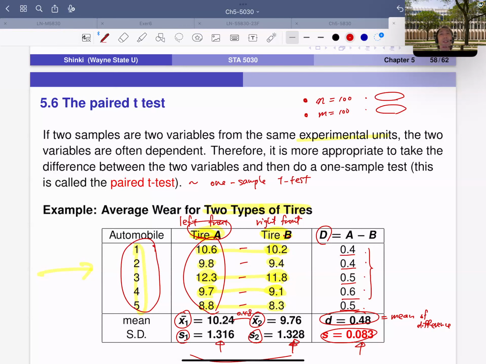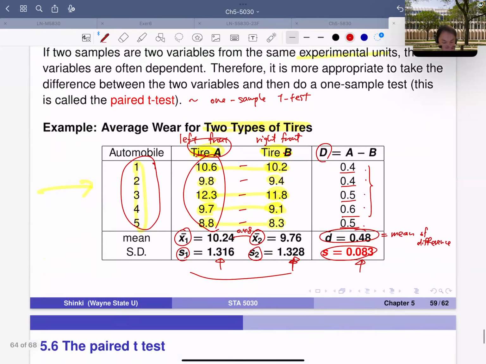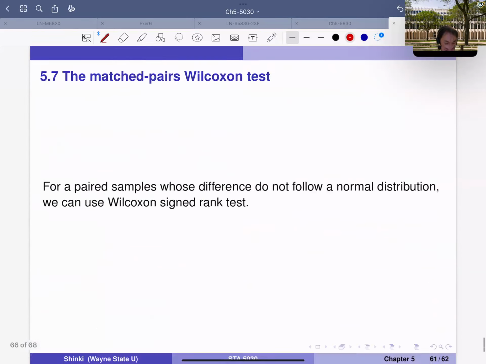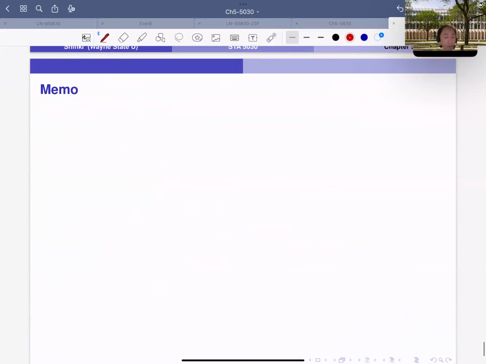Maybe slightly different because of the slightly different assumptions in the tests, but almost the same. But with two independent samples, often we have different sample sizes, so we cannot apply the paired t-test. Okay, so that's it.